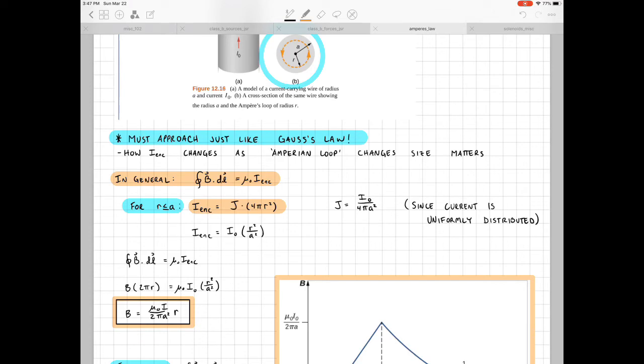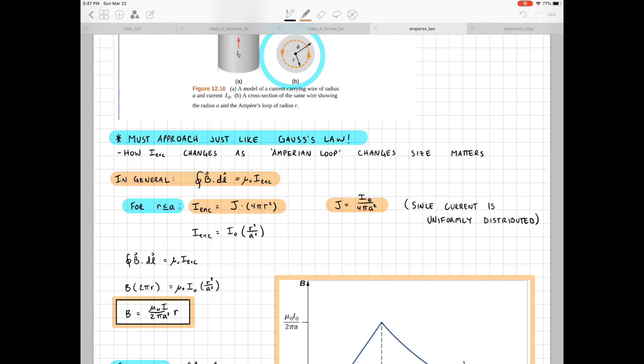And so in this problem, we're told that the current is uniformly distributed, so that means the current density is just I naught, the value that they give in the problem, divided by the full cross-sectional area, pi a squared.